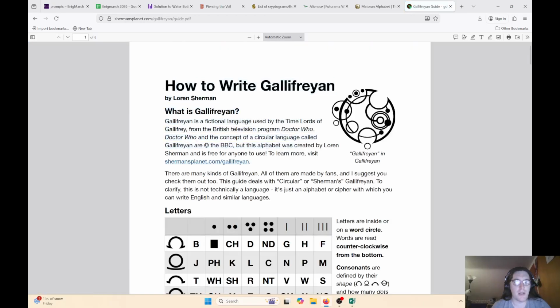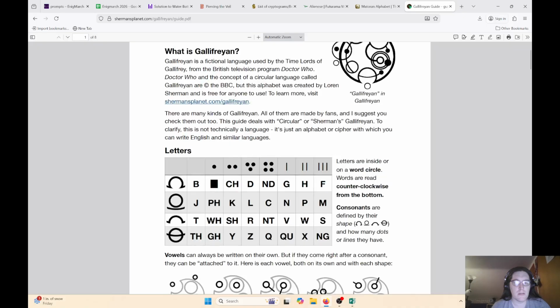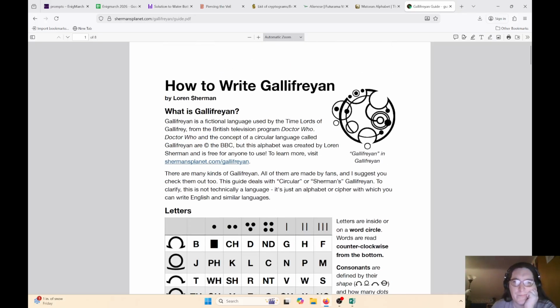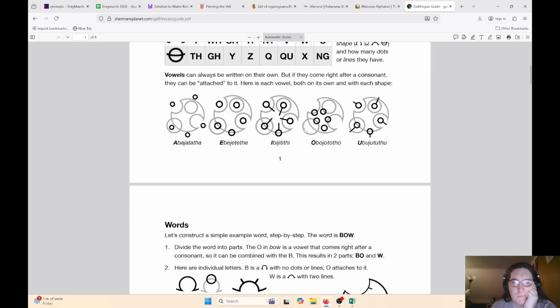Yeah, they just call it Gallifreyan. I was wondering if it would be like... Okay, I guess Sherman's Gallifreyan. That's actually a problem if it's circular or Sherman's.